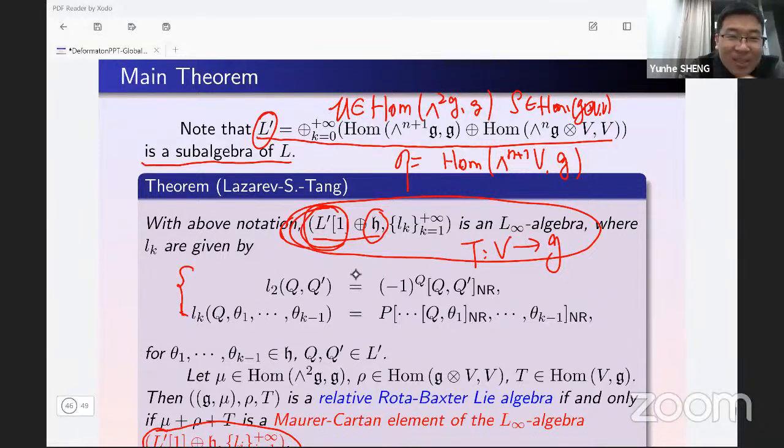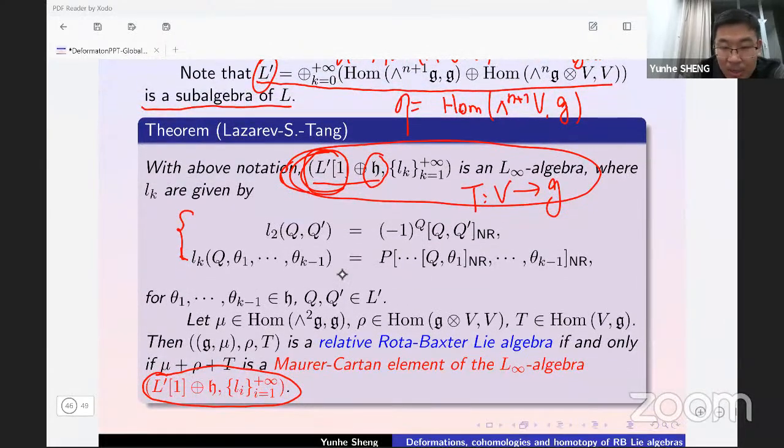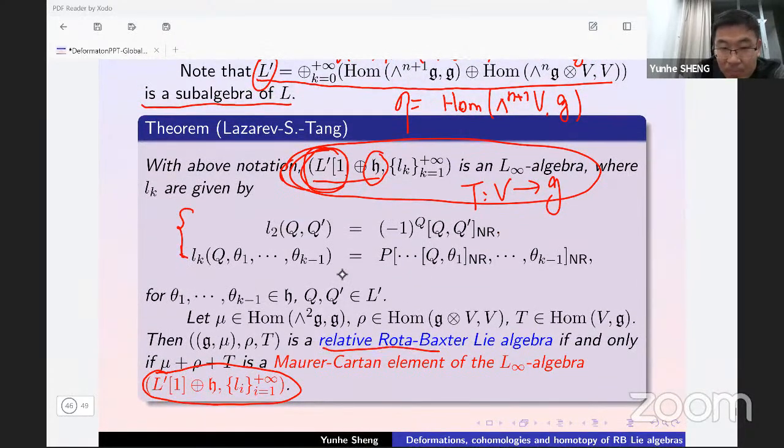Okay. The controlling algebra I said in this talk just means that it controls this algebra structure, namely the Maurer-Cartan elements relative to the Rota-Baxter Lie algebra. So this is what controlling algebra means in this talk.